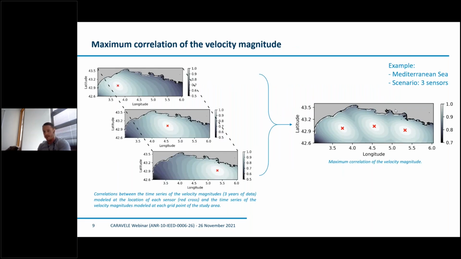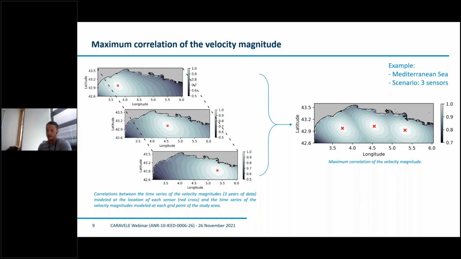Once we have the optimal location, we calculated the correlation between 3 years long time series of the velocity magnitude at the optimal location and 3 years long time series of the velocity magnitude associated with all other grid points. Here's an example for a scenario composed of 3 sensors in the Mediterranean Sea.